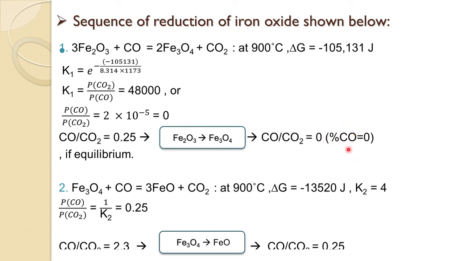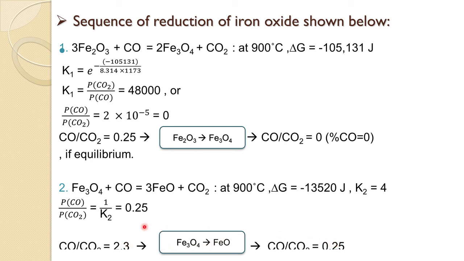So, which is quite sufficient to reduce the hematite into magnetite, and we will see the next one, in is coming from FeO to Fe, 2.3, and it goes to 0.25.